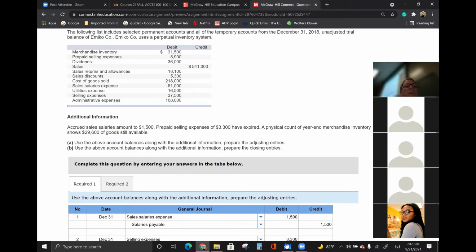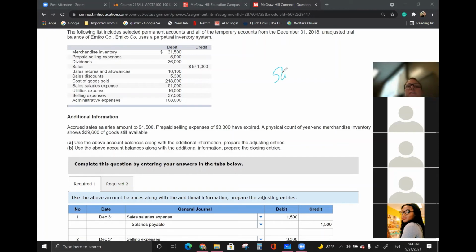Right now on the books, it shows salary expense of $51,000. Well, I just did an adjusting entry. So I know that that balance is changing, right? Because I just added an additional $1,500 to it. So I know that that's going to be one of my balances coming forward to the closing entry. I have to make sure I have my correct expense.